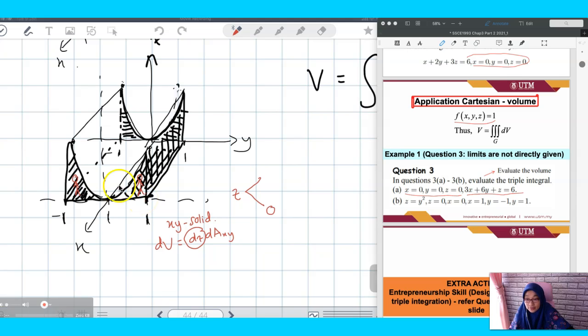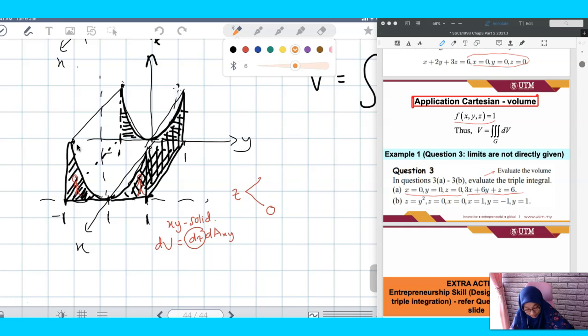And who is covering you? The surface covering you is part of the adjoint shape, given by z equal to y squared, which is this surface, right? This is covering you, and similarly for the other side.